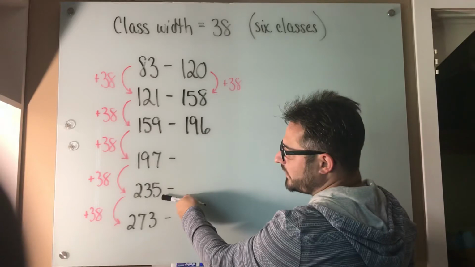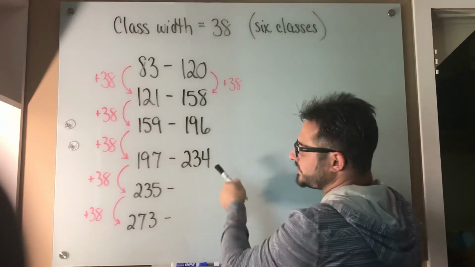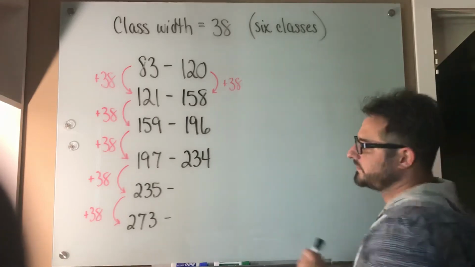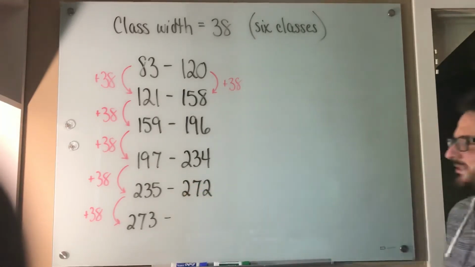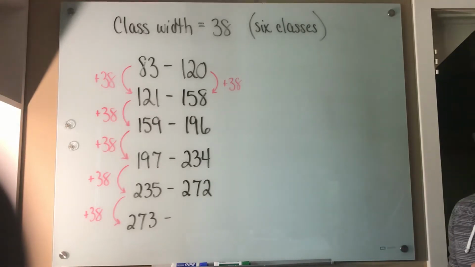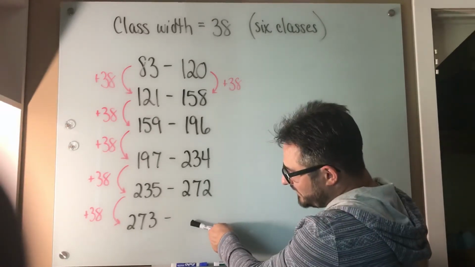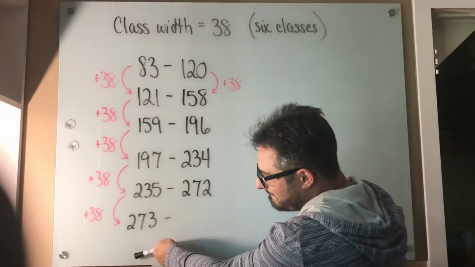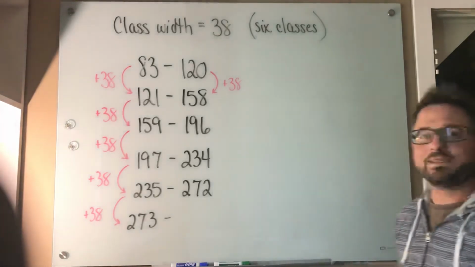As long as we know where the 235 begins, then we know where the previous class ended. This will serve us well until we get to the very end, when we suddenly run out. We can't tell what the upper class limit is here by comparing it to the next class because there is no next class.